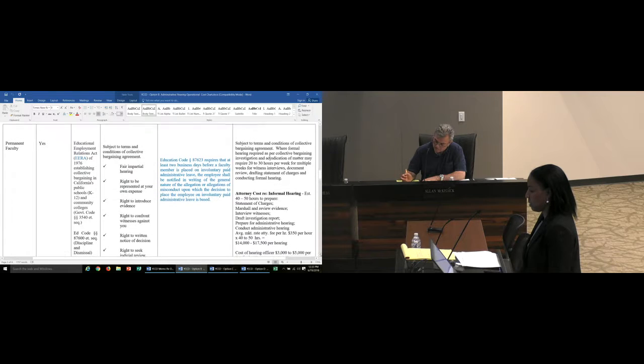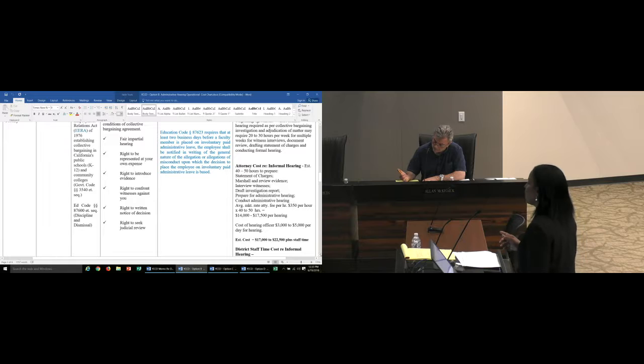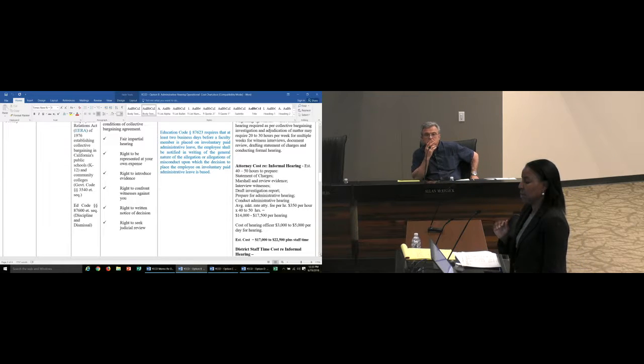This one also, B, presumes the outside hearing officer. So what we're talking about is between 17,000 to 22,500, if we beef up the informal hearing process for the permanent employees, both faculty and classified. So that's the baby step that you have in B.